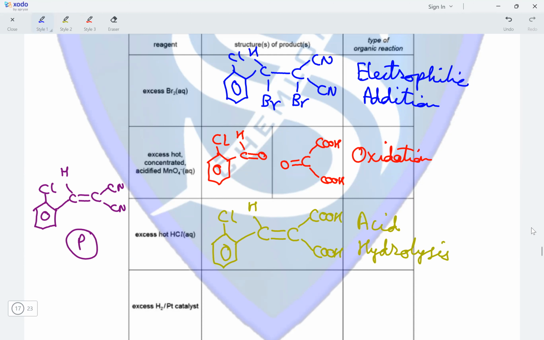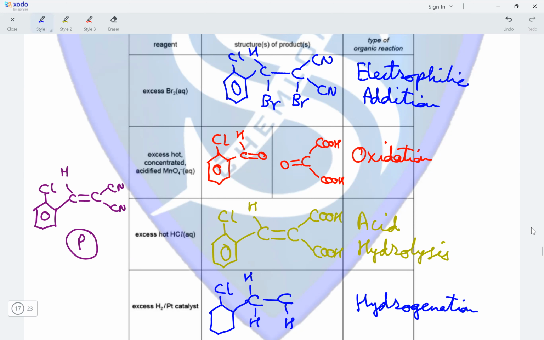The last reaction is with excess hydrogen and platinum as catalyst. So this is called hydrogenation, and hydrogenation of the alkene as well as the benzene would take place. So the benzene ring would no longer exist because each carbon atom will have a hydrogen added onto it, and the C double bond C would become C single bond C with hydrogen atoms added onto them as well.